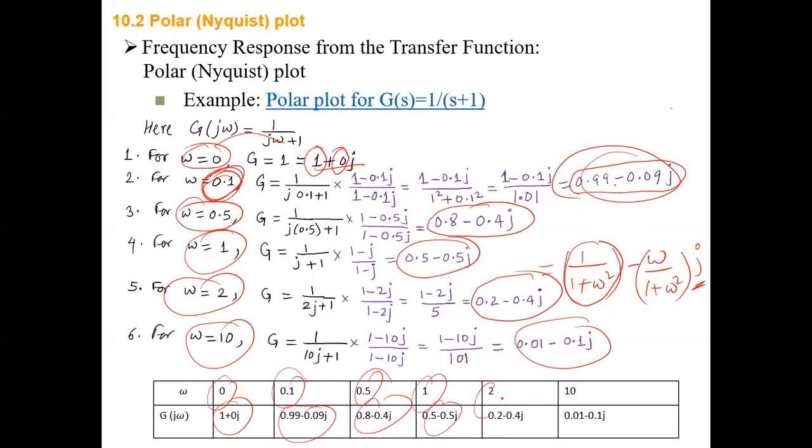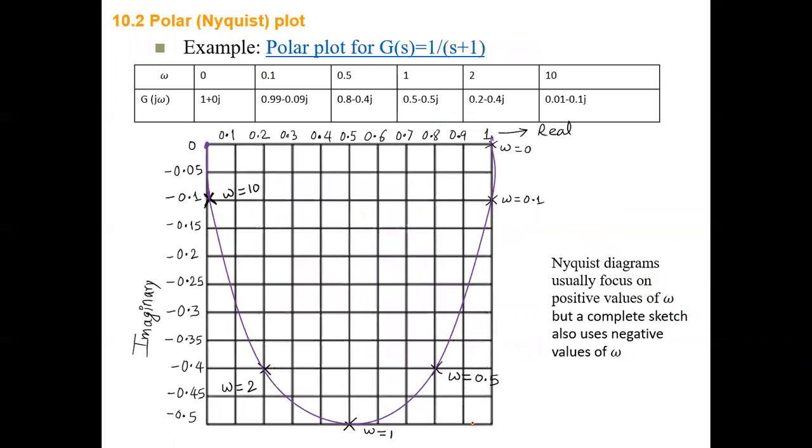Let me bring this table to the other side also. Now I have this table ready, right? Then let's do the plot. The plot is like this now, because my maximum negative value can go up to 0.5. I don't have to go more than negative 0.5 on the imaginary axis.